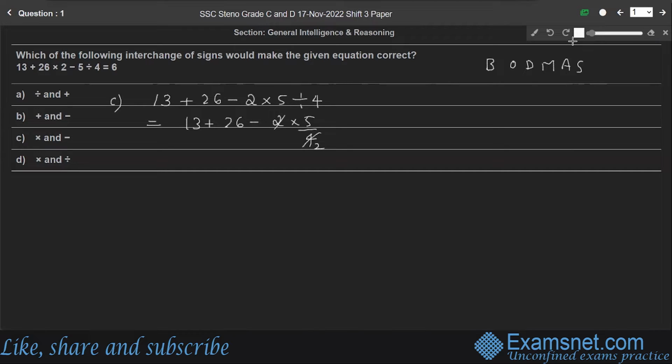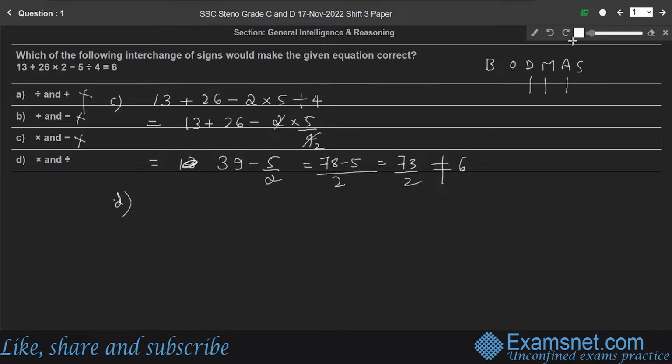We have completed the multiplication part also. Let's go for addition. We have 13 plus 26, which is 39, minus 5 by 2. Since 2 is the LCM here, 39 into 2 is 78 minus 5, which is 73 by 2, which is not equal to 6. So option C doesn't balance the equation.